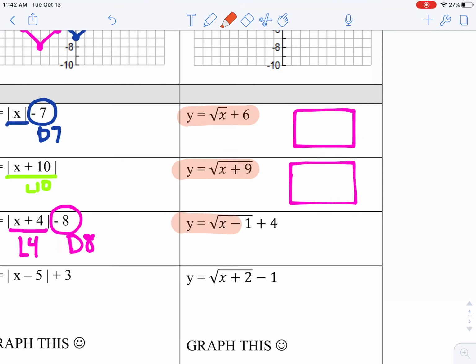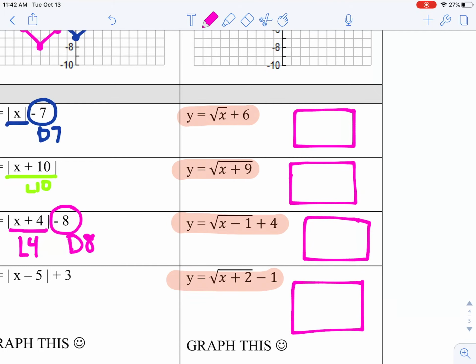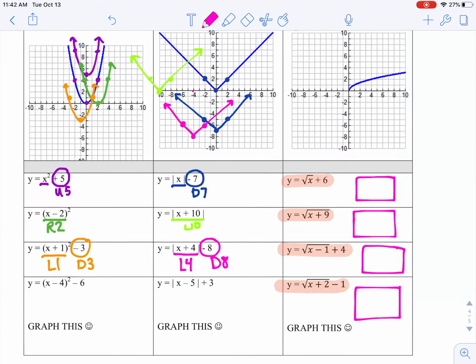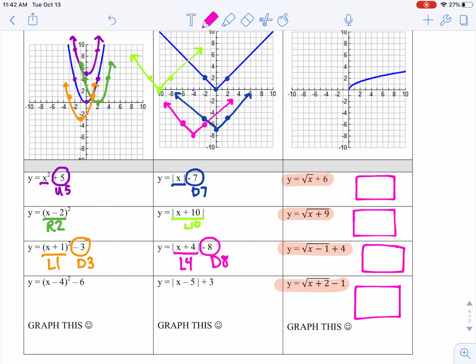If you have y equals the square root of x minus 1 plus 4, what's your transformation? And y equals the square root of x plus 2 minus 1, what's your transformation? All right, and that's all the practice we'll do on our transformations for now.